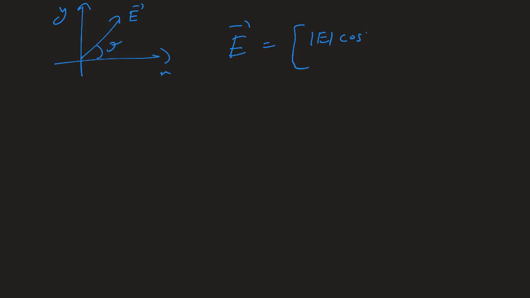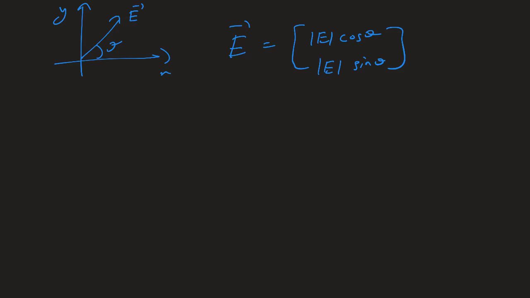I'll just redraw that figure here for convenience. This is the x-axis, this is y, and if you have a general electromagnetic wave, this is the direction of the E field. Then in column vector format, we can write this E field as mod E cosine theta and mod E sine theta.